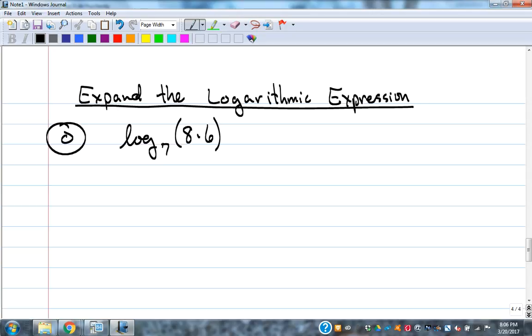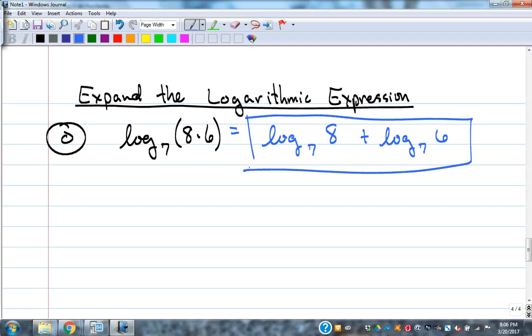So we split this apart and expand it into an addition problem. This becomes log base 7 of 8 plus log base 7 of 6. And we've expanded that statement. Multiplication becomes addition when we're expanding.